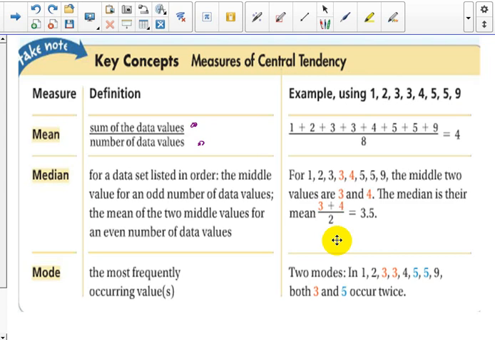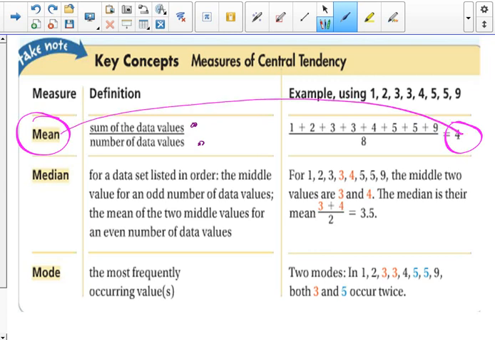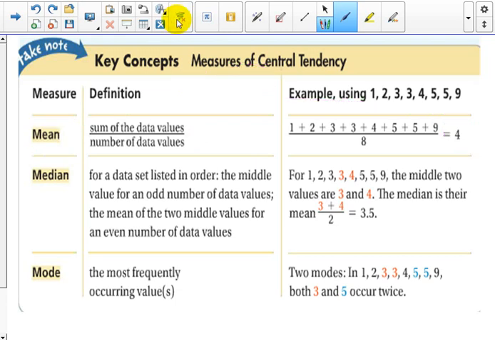And I'm going to divide that by 8. And when I take that, I get a 4. So I can say that the mean, which you've also used interchangeably with average, the average of these items is 4. You're going to see this also denoted as X bar. Okay, when you see this sign, capital X with the bar over it, that also means mean.